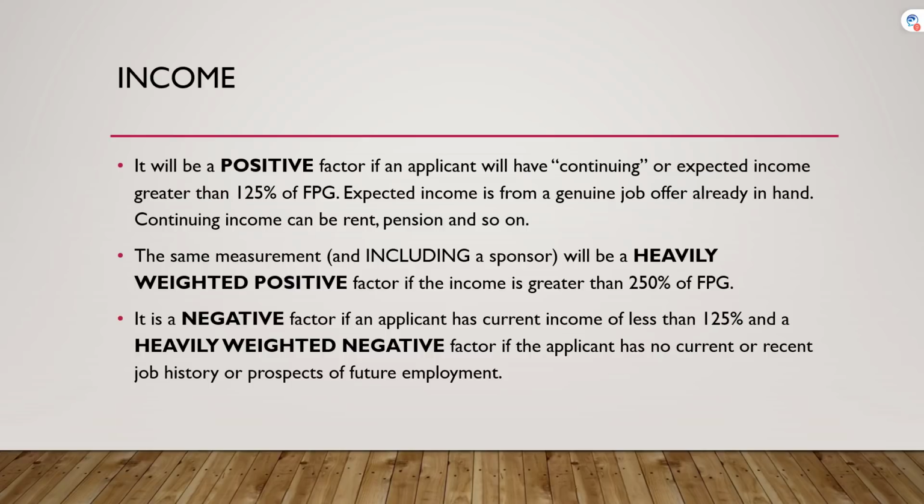So in other words, if you rent out properties, let's say, if you have some sort of income stream from the country you're leaving, and if that income is greater than 125% of federal poverty guidelines, then that would be a positive factor. And in the same way that if you have a genuine job offer already in hand from the USA, so you're coming to the States, and that job offer is going to be greater than 125% of FPG, that would also be a positive factor, right?